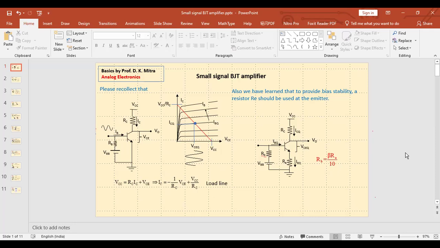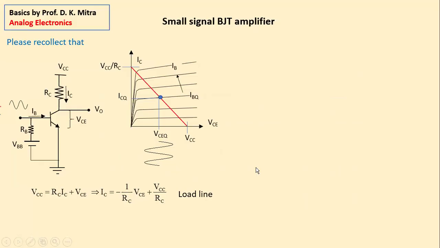Now, two things. This was the biasing circuit that we learned, and we go to the zoom in condition.